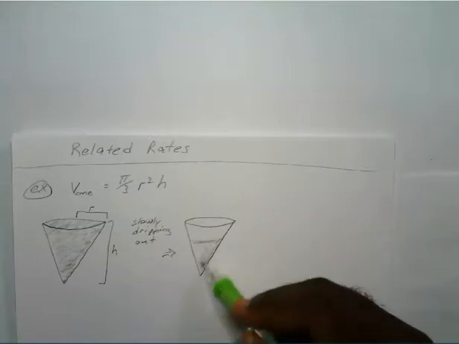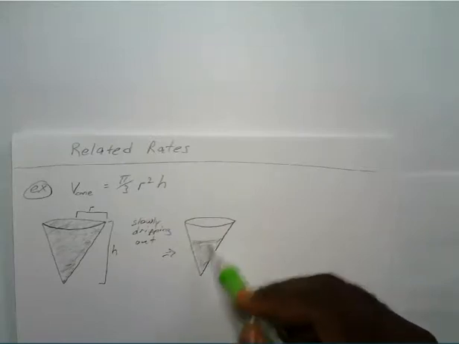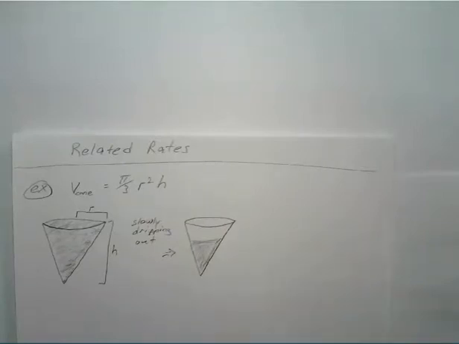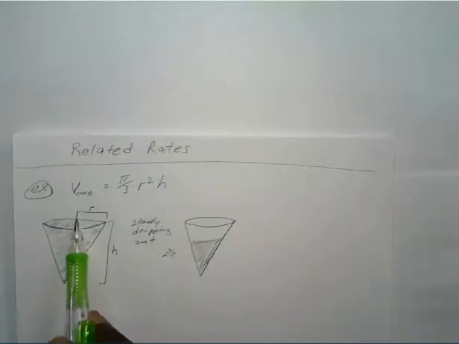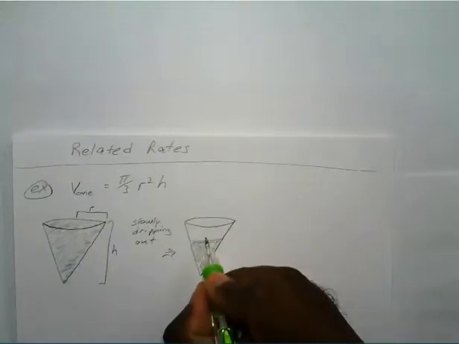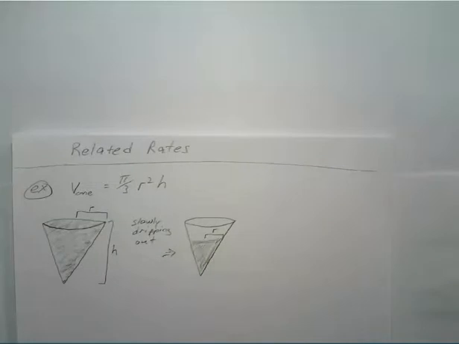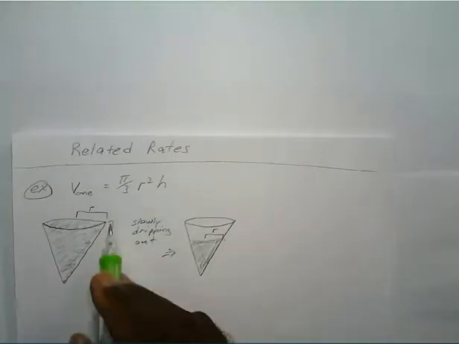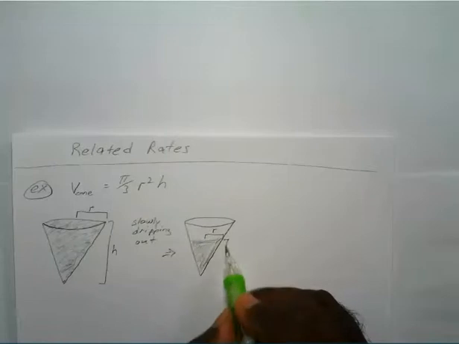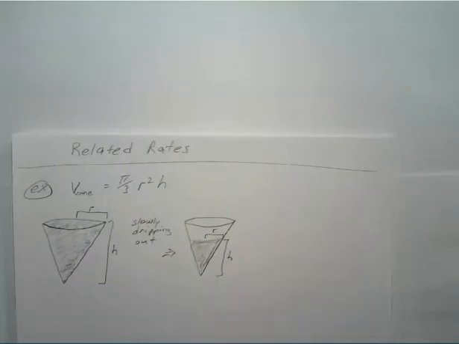Okay, so you can just fill that in a little bit. Now if you notice, as time goes by, your radius changes. So it goes from being that big to now being this big. Same thing with your height. Your height went from being that tall to being that tall.